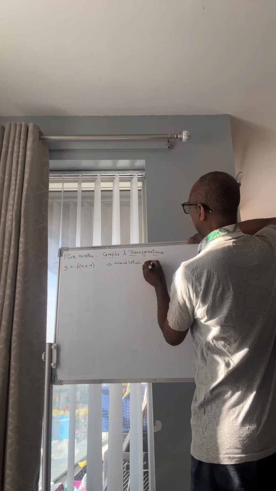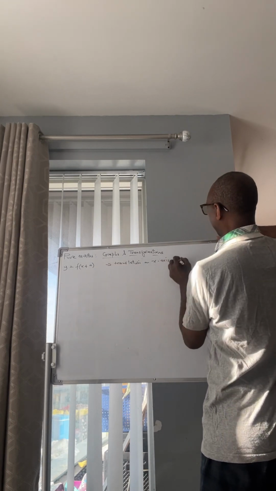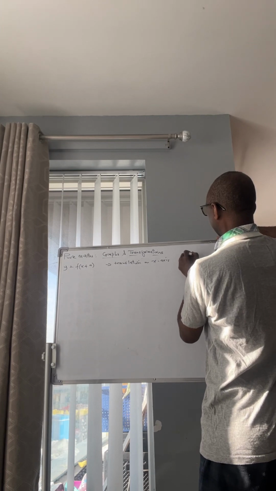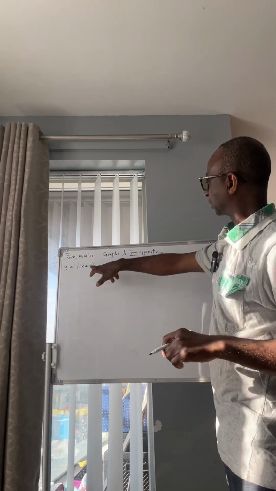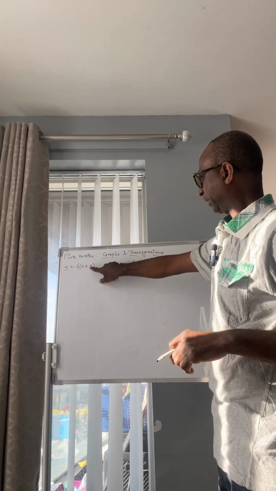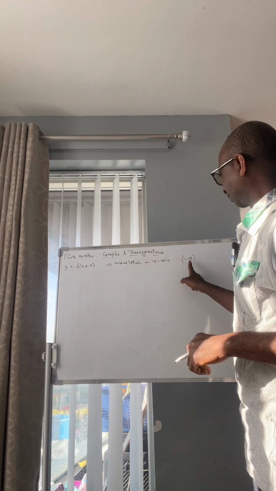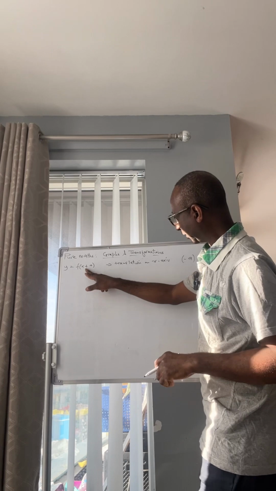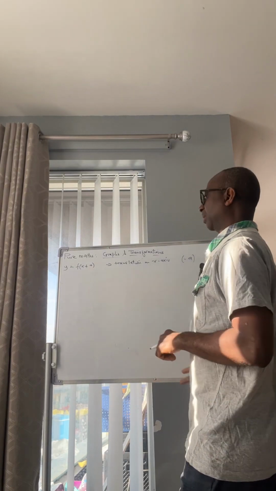But this translation is a negative translation. Because it is positive inside the parenthesis, it means this number is negative. If it was negative here, it means a is a positive number.